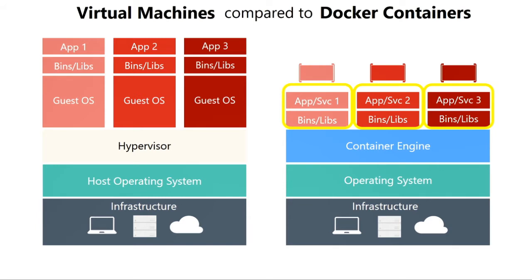That is kind of similar to a VM, but it is very different in the sense that in a regular Docker host, the operating system is being shared across all the containers. That's one point. And then the other point is each container is going to be composed by your application, as you see there, like application or service 1, application service 2, plus all the dependencies, all the binaries, all the libraries that you need for that application to run, okay?